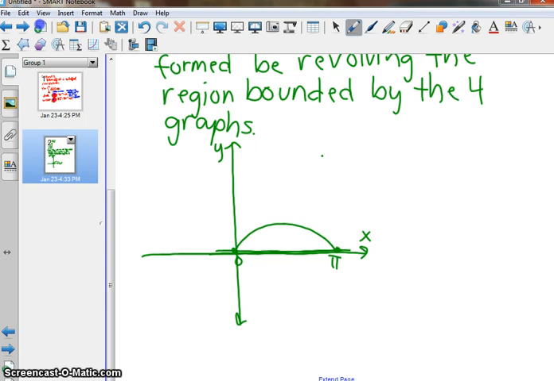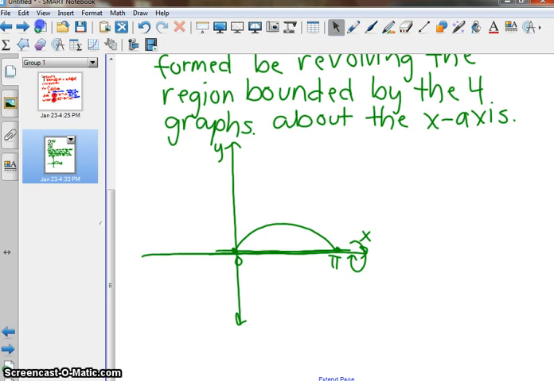We're also going to revolve it around the x-axis. Let's just add here about the x-axis. You want to get in the habit of drawing a little circle to show what you're revolving the graph around, because as we start revolving it around different y equals lines, it's going to make a big difference in your picture.